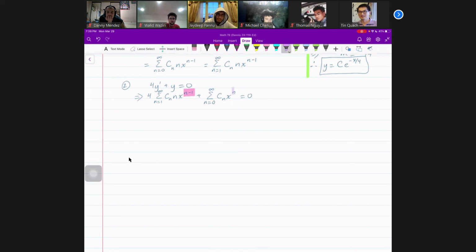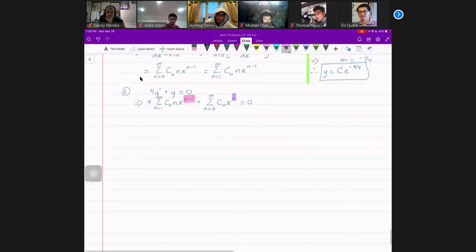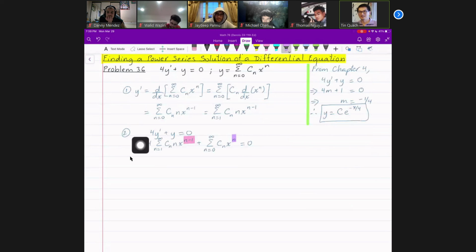For step number 1, why do you change the n from 0 to 1? Because when n is 0, the term is 0. You don't need that term because that is 0. Okay, I get it. Thanks.